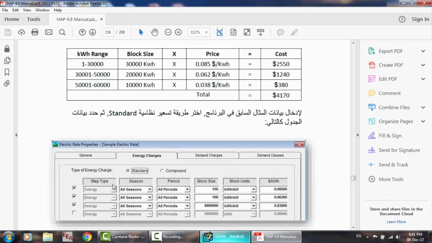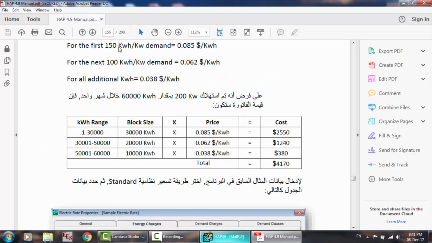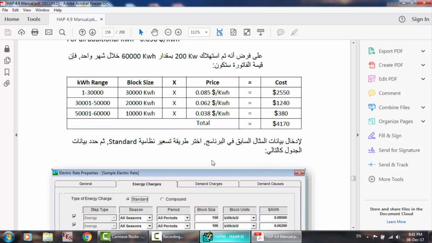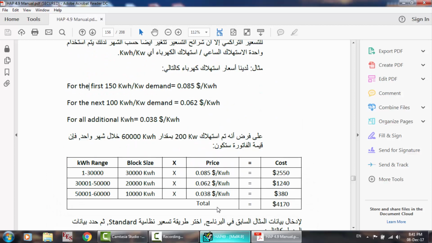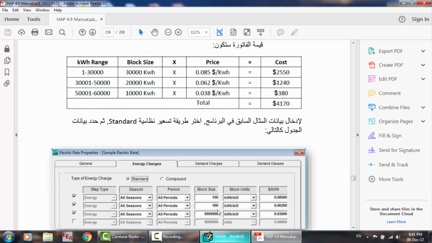How do we do this? Notice that we have here also standard, all seasons and all periods, and here the block size, and so the block size is kilowatt hour per kilowatt, and here is 100, and its price.